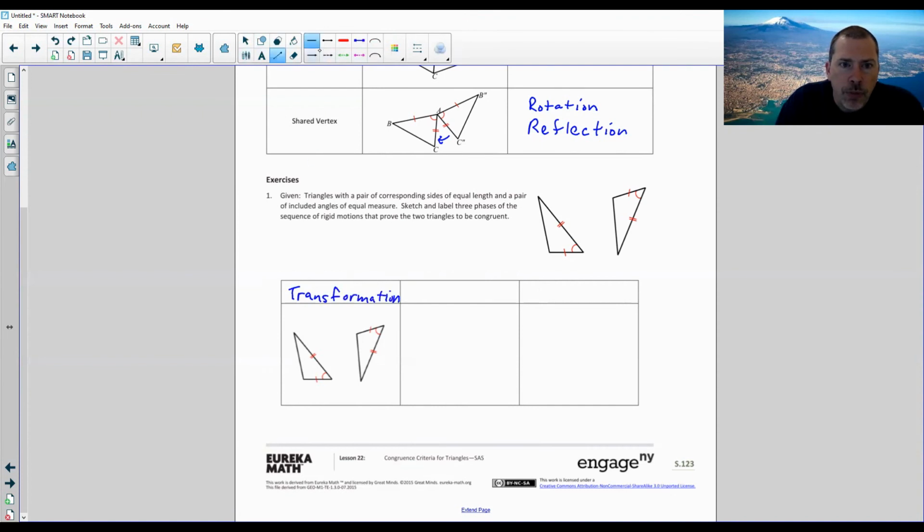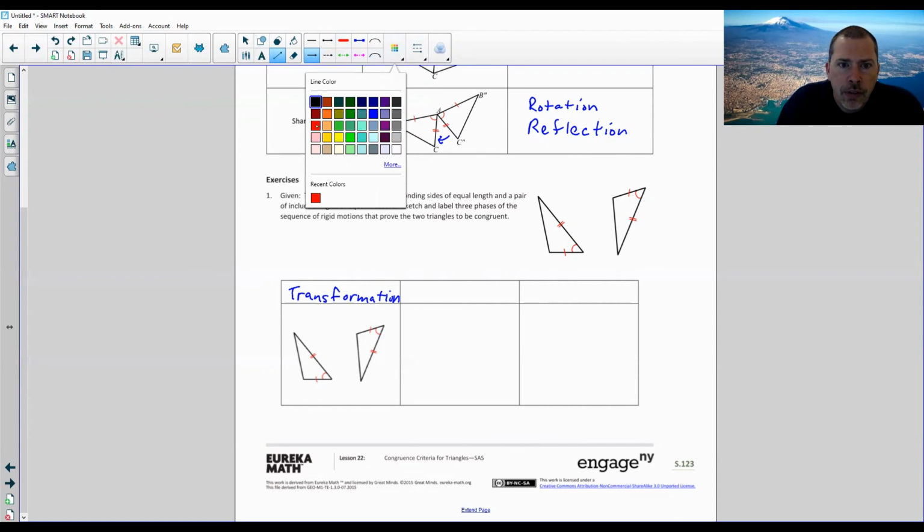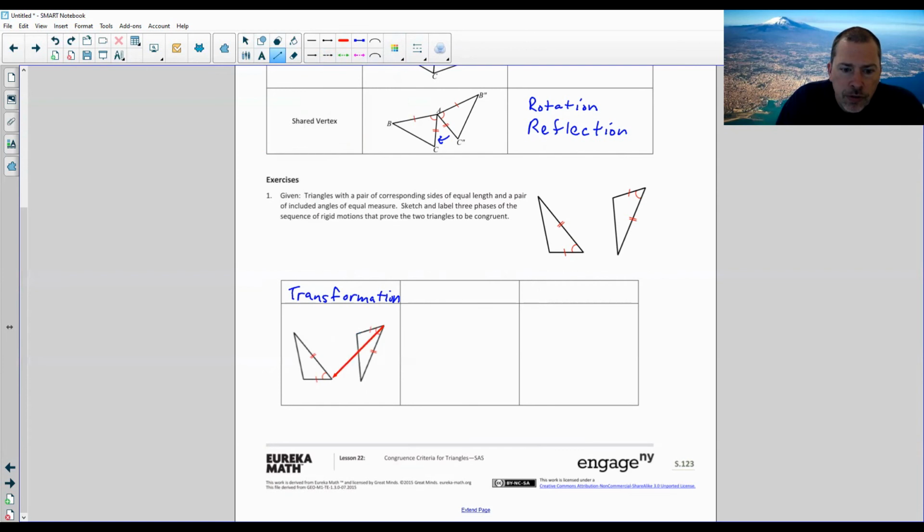And what transformation we're going to do is we're going to draw a vector from our congruent angle to our other angle that it's congruent to, like so. So the angles that are marked. So there is the transformation we're going to do first. This will slide this vertex over to here.